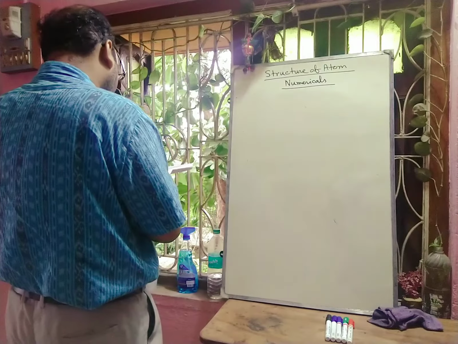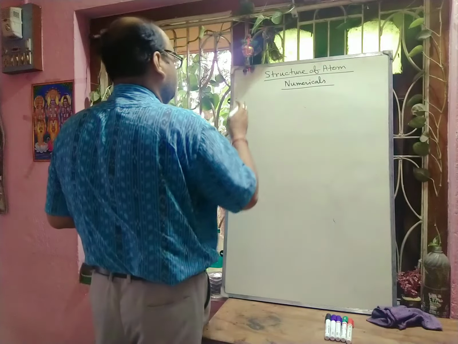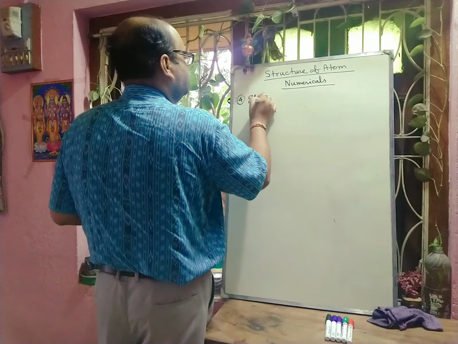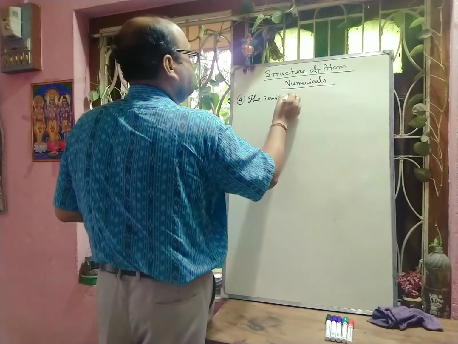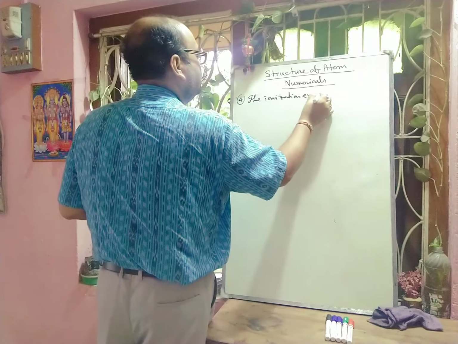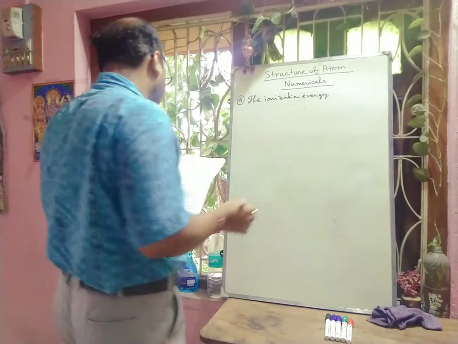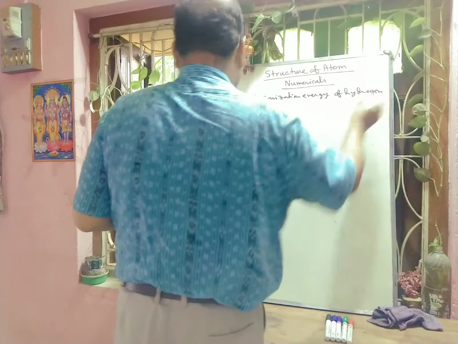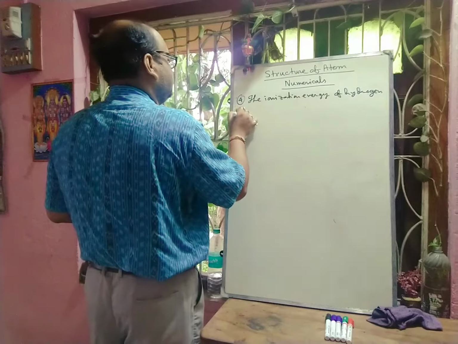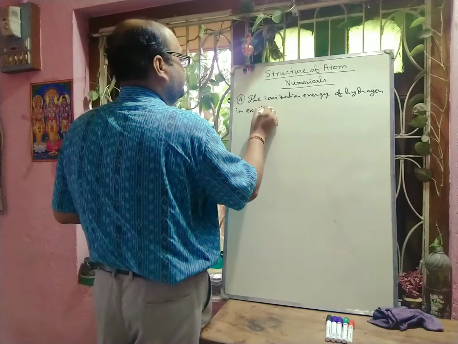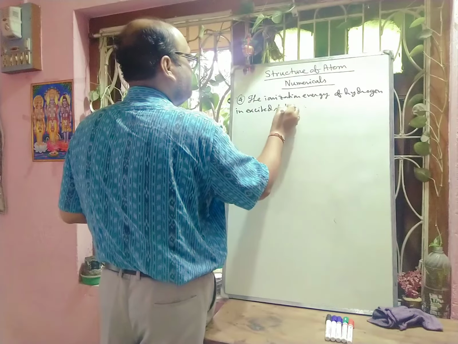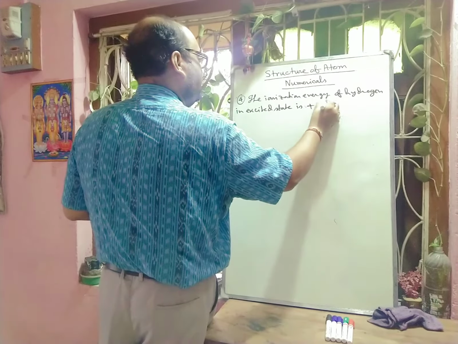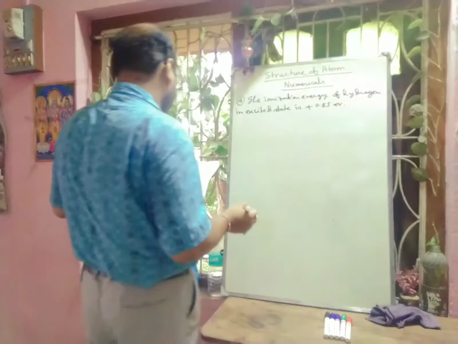Next, problem number 4. The ionization energy of hydrogen in excited state is plus 0.85 electron volt.